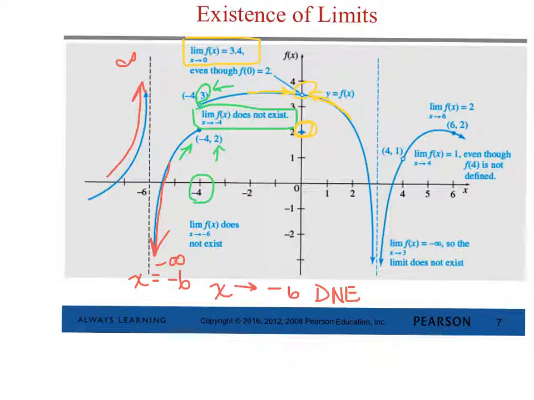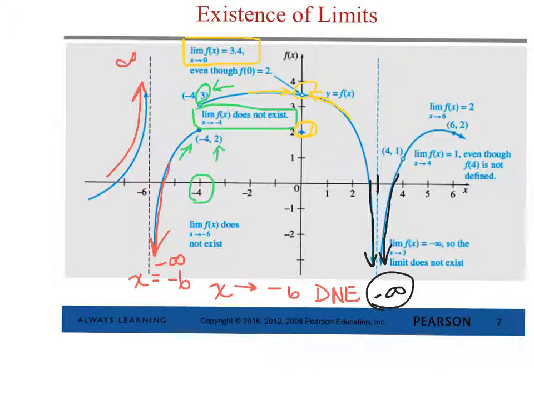Now looking at the next odd place, this is at x equals 3. And the limit as you approach 3 from the negative side goes to negative infinity. And if you approach from the right side, you still go to negative infinity.